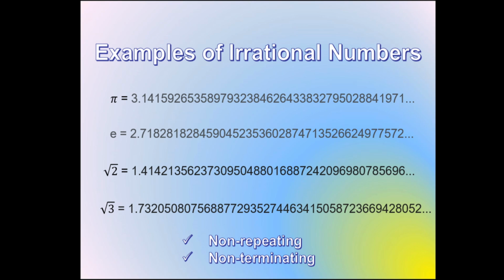Examples of irrational numbers are the following. These numbers are non-repeating and non-terminating. It means the digits don't repeat and the digits don't end.